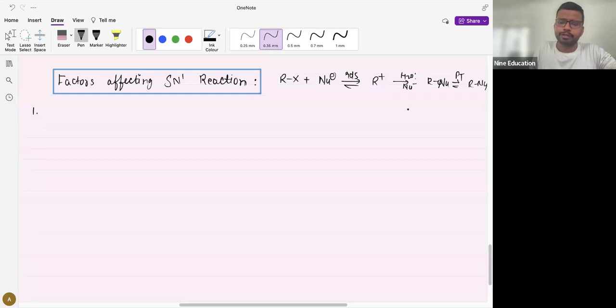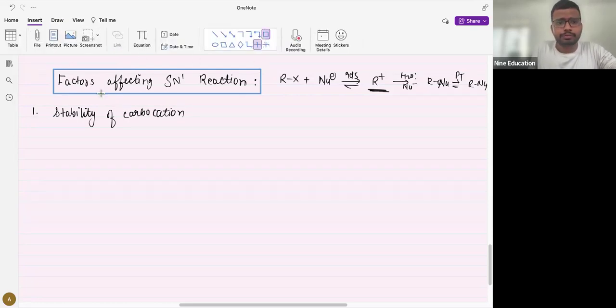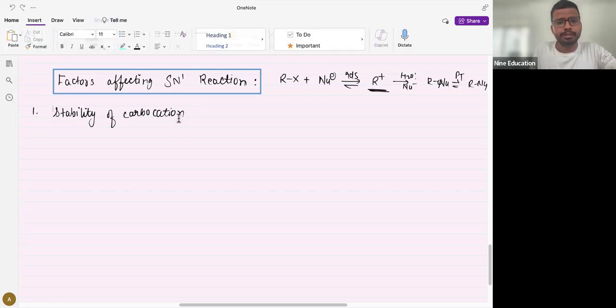So the first factor which will affect this reaction will be the stability of carbocation beta. Today only I will teach you all the carbocations which were there in your GOC also.